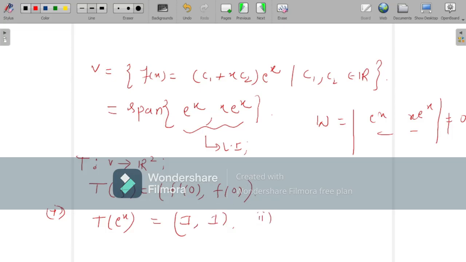And the second is T of x times e to the power x, which will be equal to: See, the differentiation of x into e to the power x at 0 is e to the power 0, which is 1, and f of 0 will be 0 here.